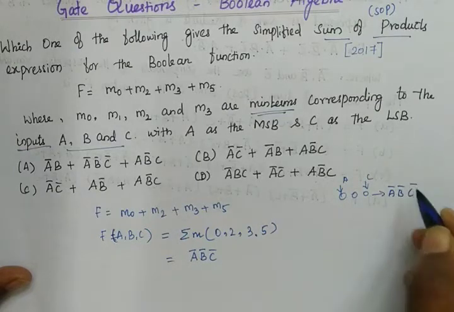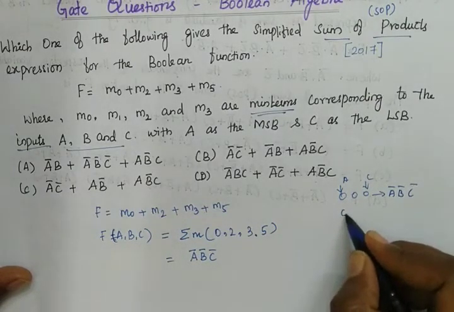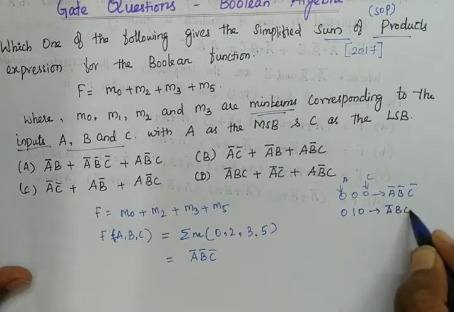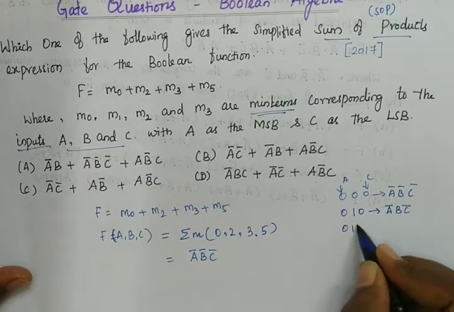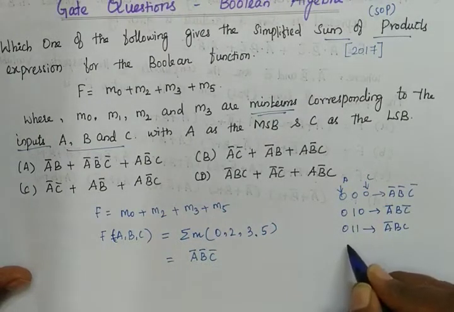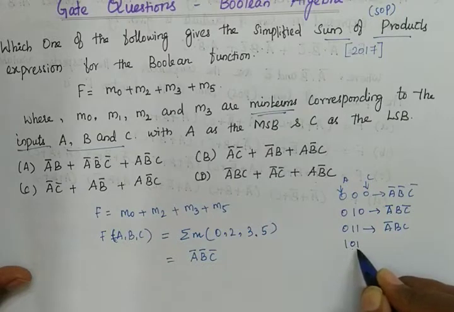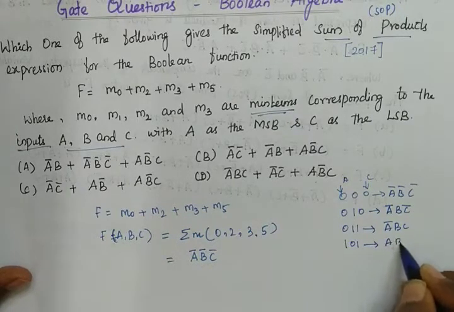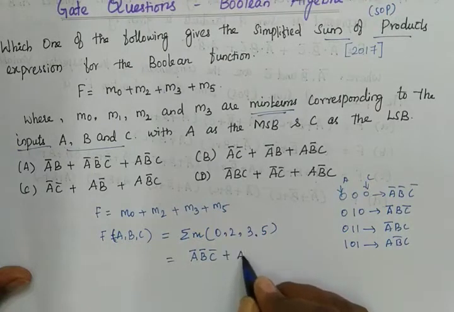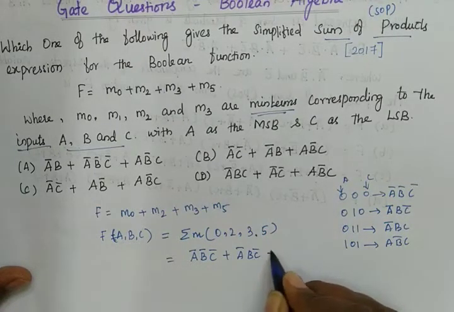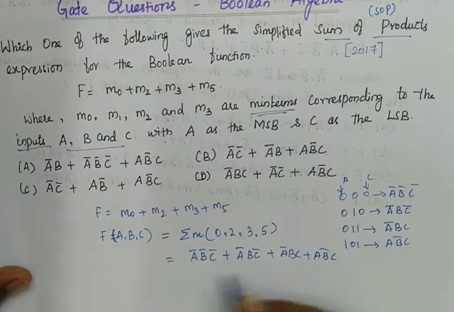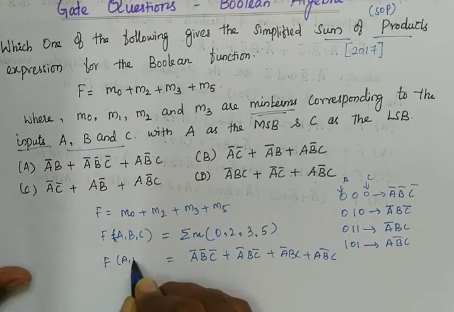For 2 it is 0, 1, 0, so we can write this as A bar, B, C bar. 3 is 0, 1, 1, so this is A bar, B, C. And for 5 it is 4 plus 1, 5, so A, B bar, C. So that is what we are going to represent here: A bar, B bar, C bar plus A bar, B, C bar plus A bar, B, C plus A, B bar, C. This is our f of A, B, C.